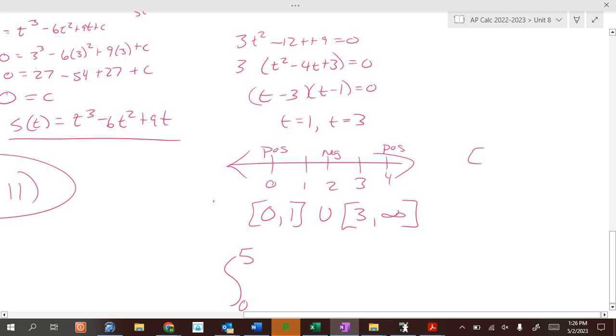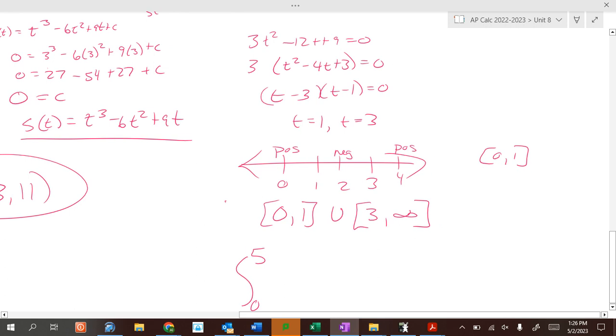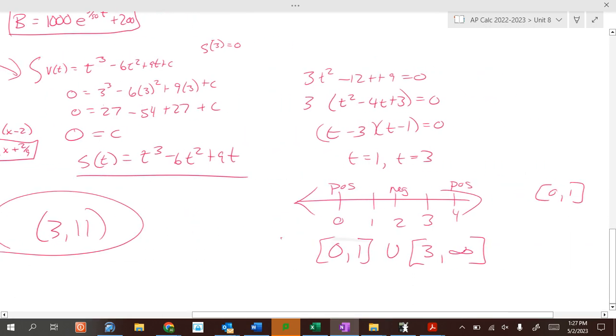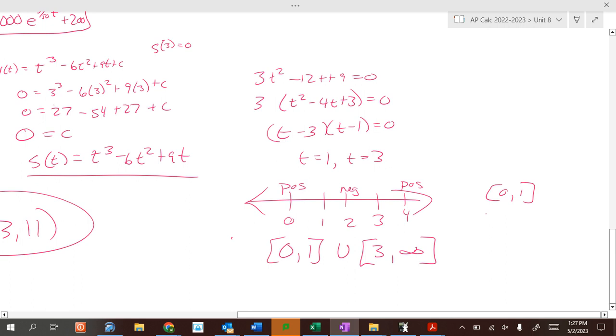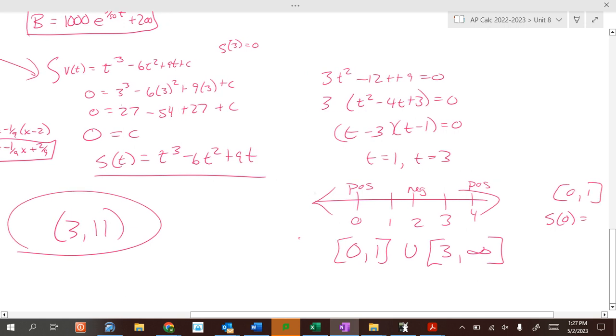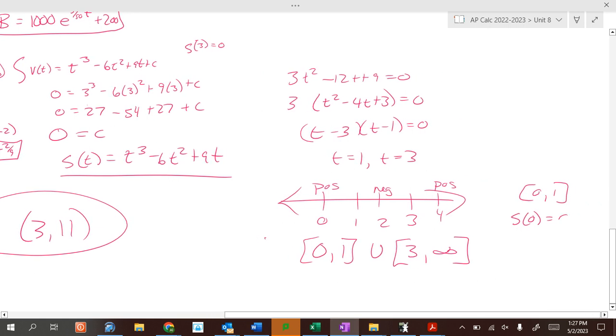Because from 0 to 1, if we take the integral from 0 to 1, or actually just change in position from 0 to 1. So the position s of 0 equals 0.